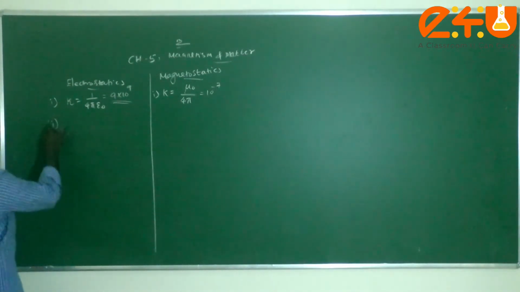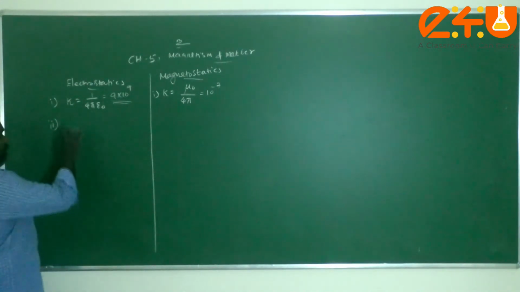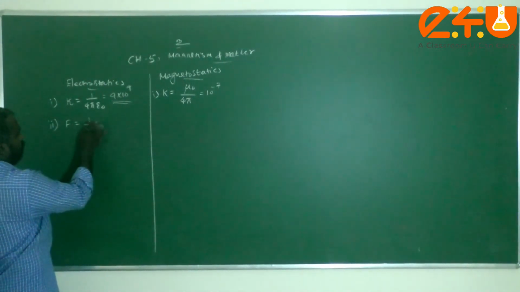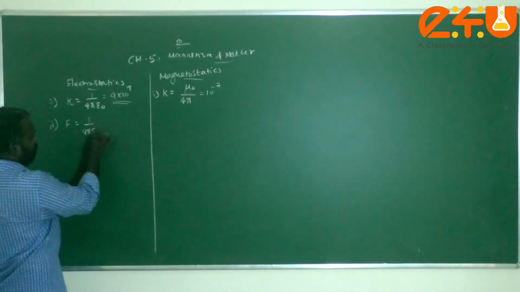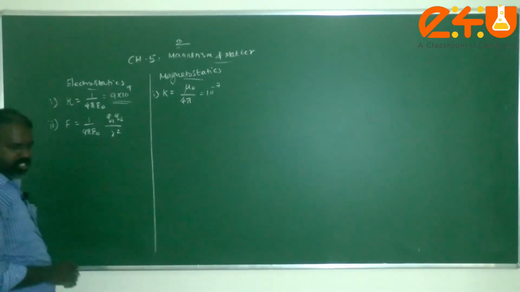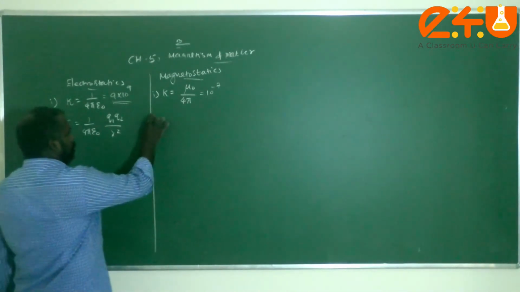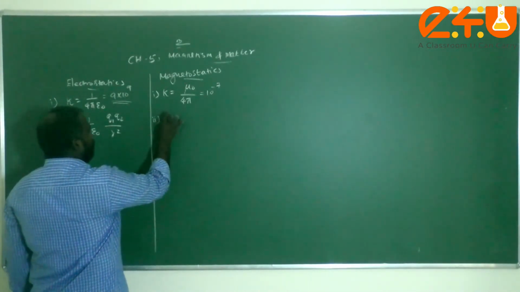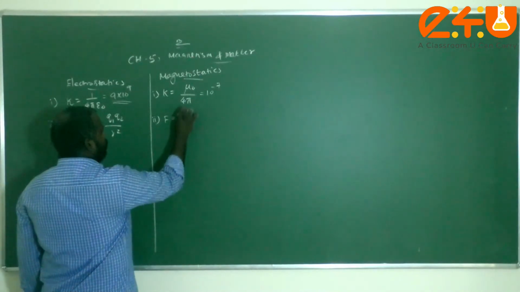The second one is Coulomb's law. F is equal to 1 by 4 pi epsilon naught Q1 Q2 divided by R square, where Q1 and Q2 are the magnitudes of the charges. Here also we can take mu naught by 4 pi.